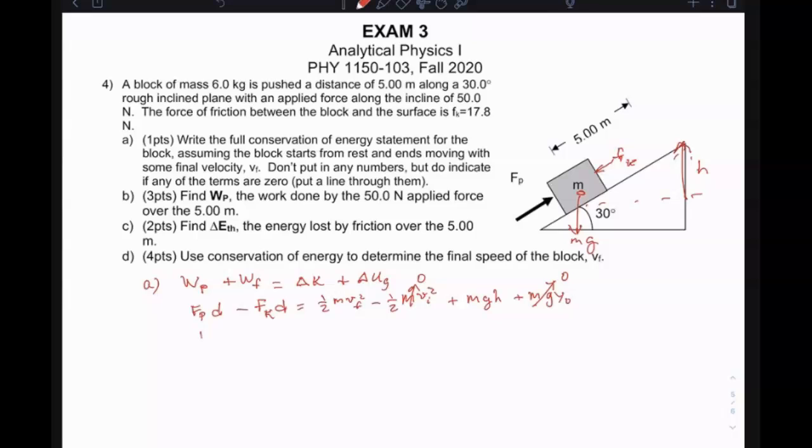If that's the case, then we would write our energy statement as 1/2 mv final squared plus mgh plus this increase in the thermal energy, where change in E thermal is equal to plus F sub k d.